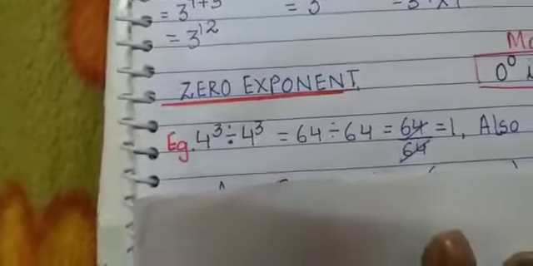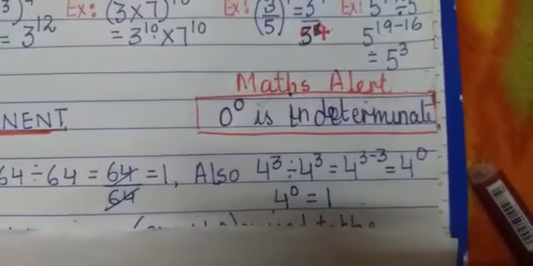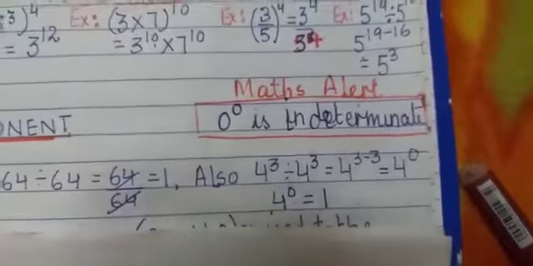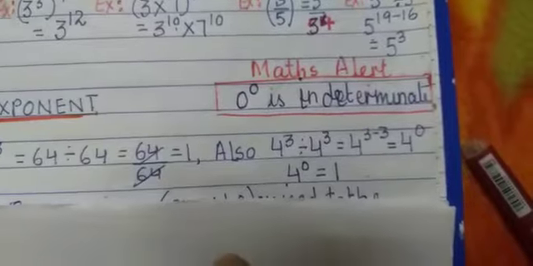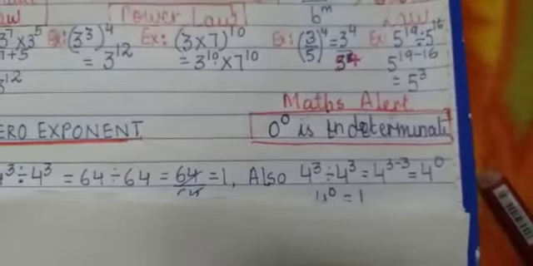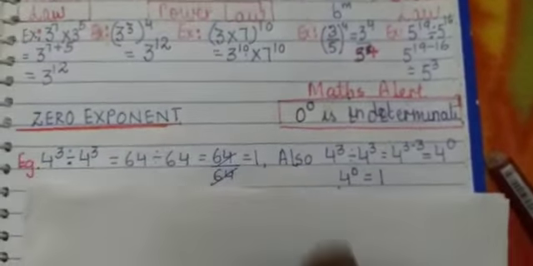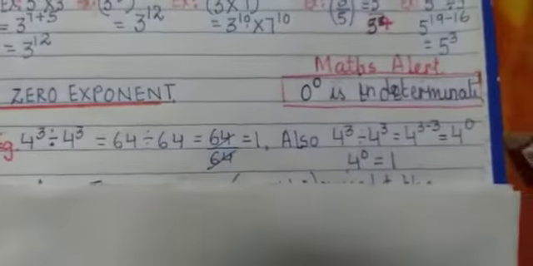And there is one more way also. With the exponent way, 4 to the power 3 divided by 4 to the power 3 is 4 to the power 3 minus 3. That becomes 4 to the power 0. Now, as you know, I am solving it both ways and both of them are the same. So, if the first one and second one are the same, what conclusion do I come to?